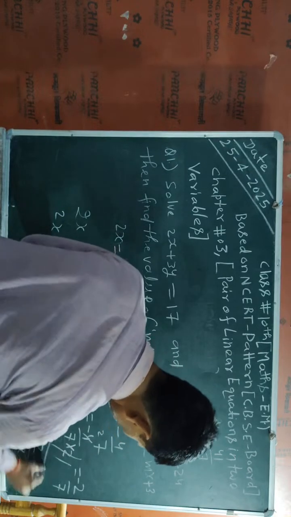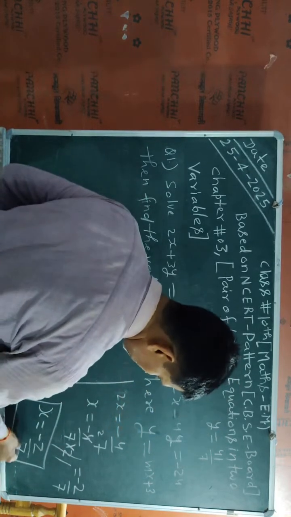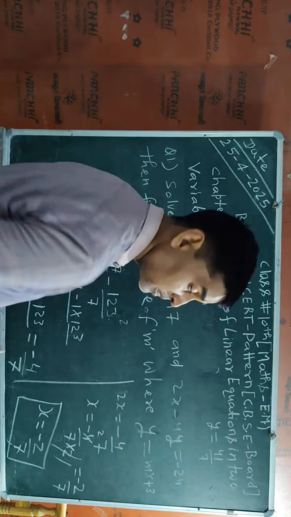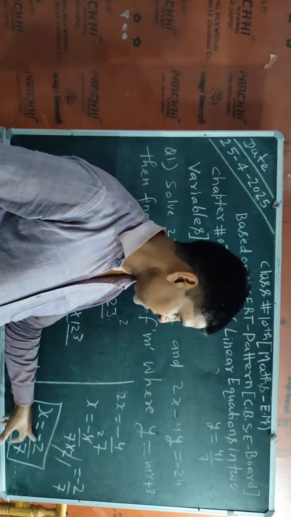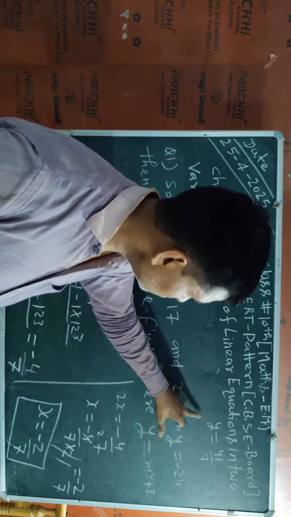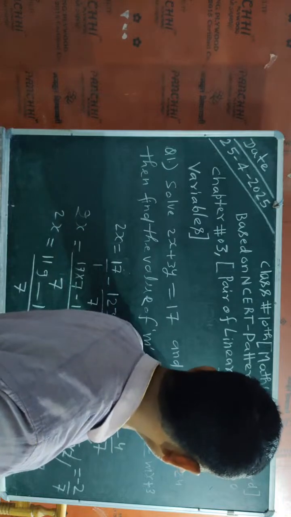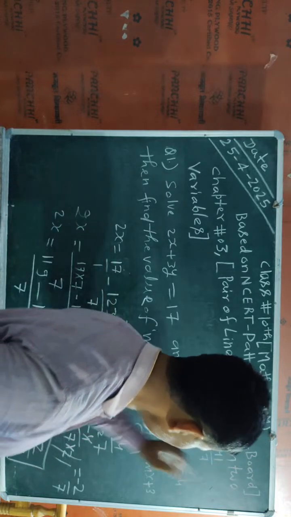Okay student. So I have got the value of x and y by the elimination method. The value of x is minus 2 divided by 7 and the value of y is equal to 41 divided by 7.